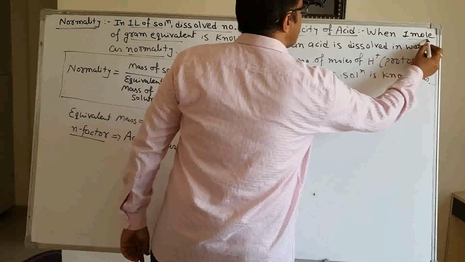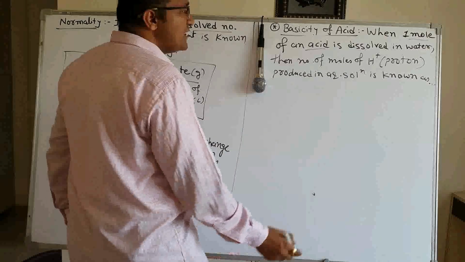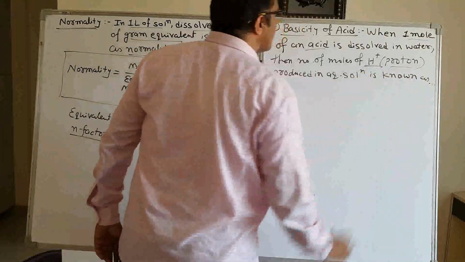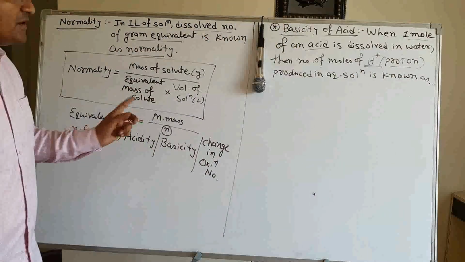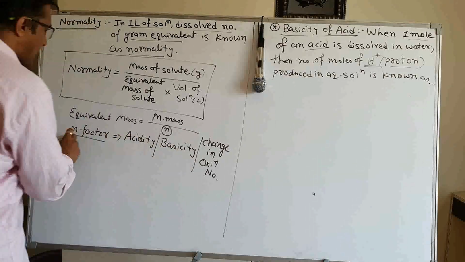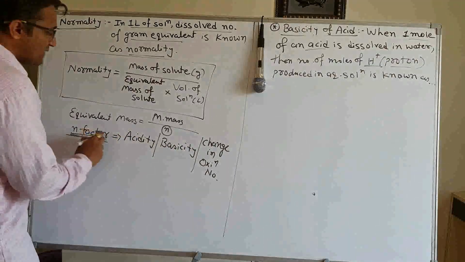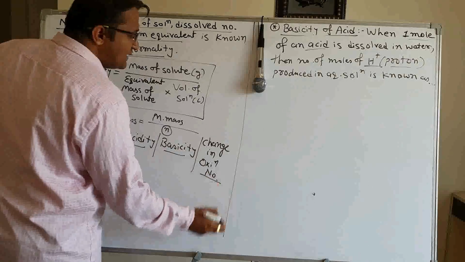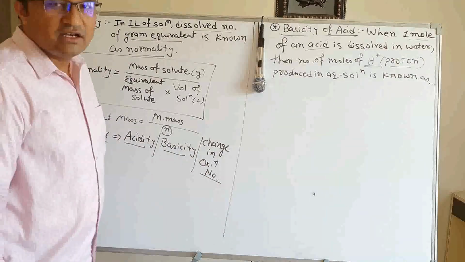Means when 1 mole of an acid is dissolved in water, then how many number of moles of H plus, that is proton, are produced, and this number is known as basicity, and that is N factor. So N factor is a general word for acidity, basicity and change in oxidation number.